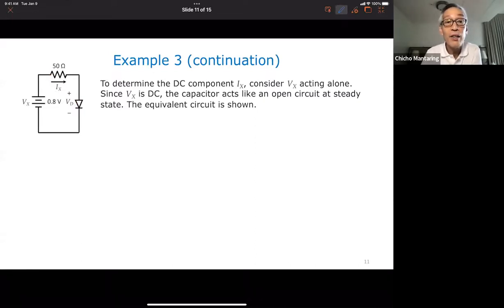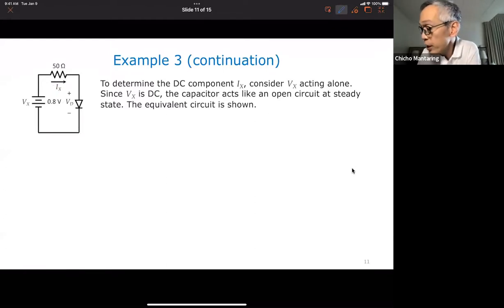Tama ba? 0.1 over 50. That's right, no? Okay. However, I can also use the Shockley equation if I wanted a more accurate determination of I sub X, no?